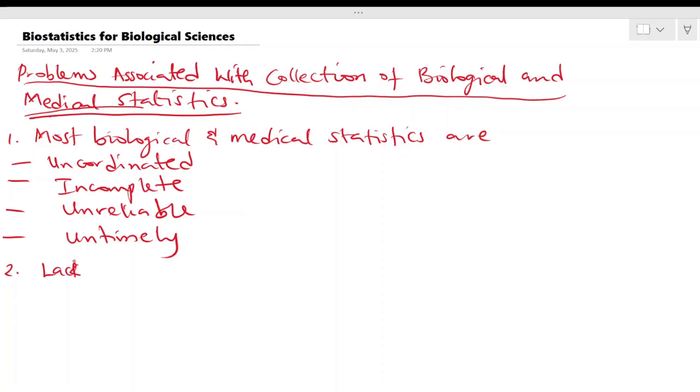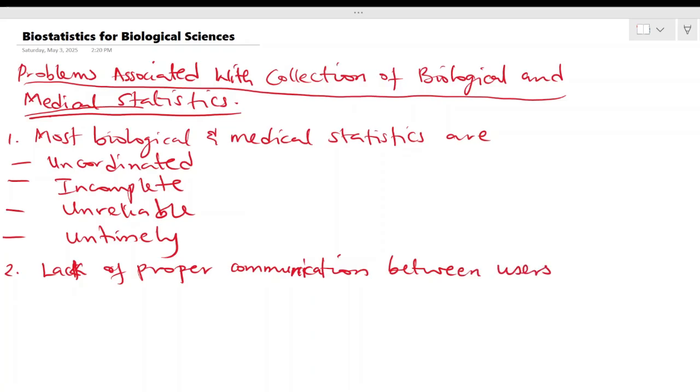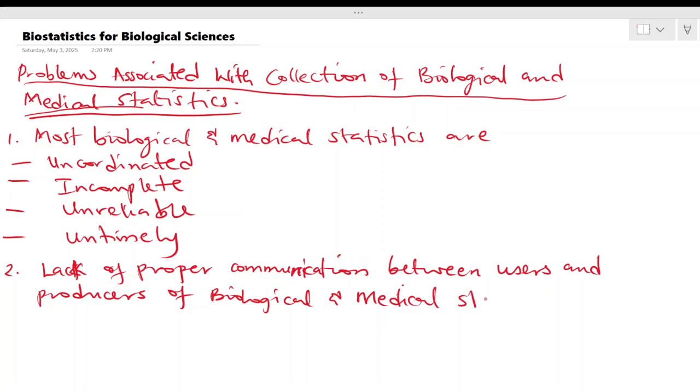There's always a lack of proper communication between users and producers of biological and medical statistics.